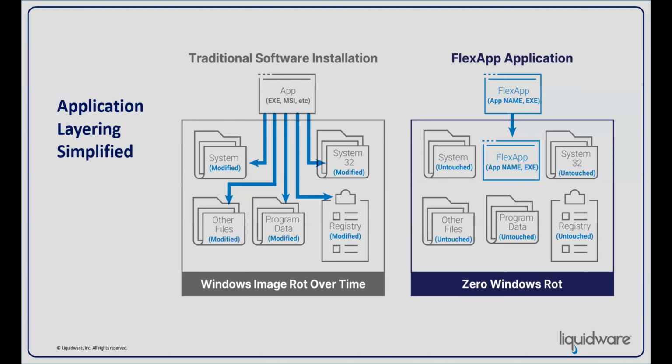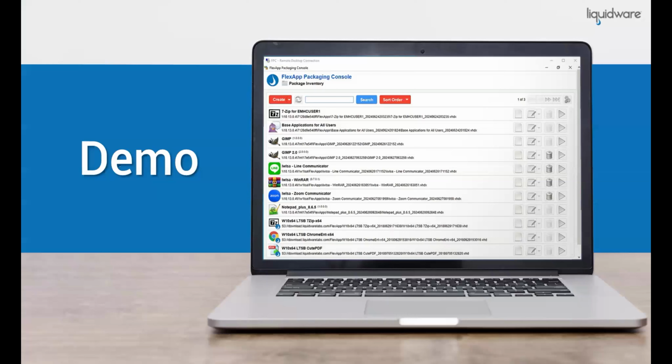That's FlexApp, and that's why we have an incredibly high compatibility rate for the type of applications this can be done with. Some of our customers have done 100% of the applications they wish to do with FlexApp, and others may run into a 95% compatibility rating, and we still give you other ways to deliver those applications. So, the highest in the industry. And that's what you're about to see in the demo today.